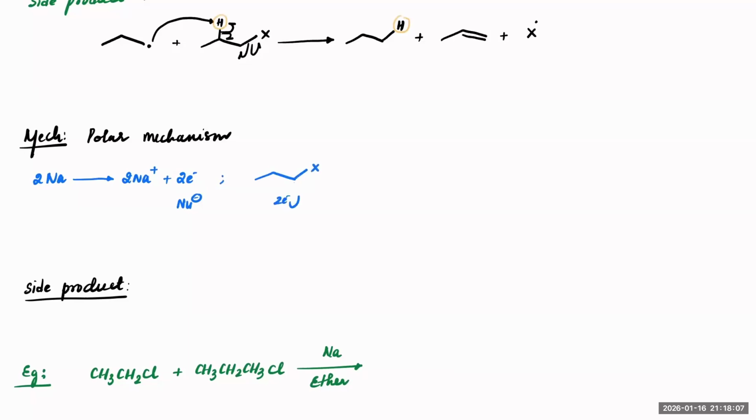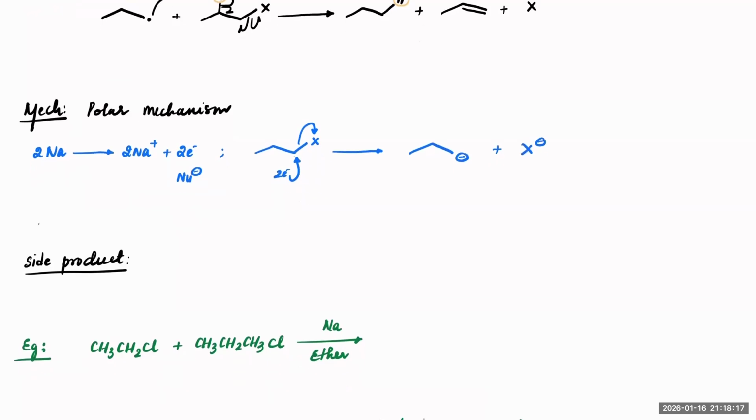So as these 2 electrons attack here, you will end up getting a minus charge on the propyl position and X minus. This propyl minus can again attack the alkyl halide part here, and as it attacks, this X minus can be released. Okay, and that will give you connection of these two carbons.